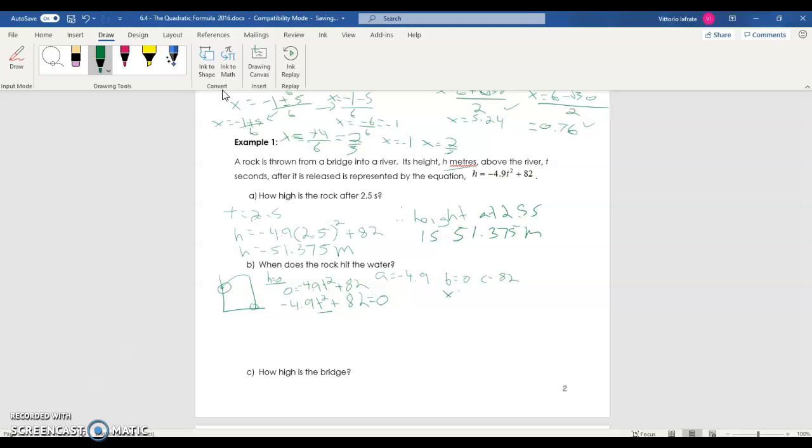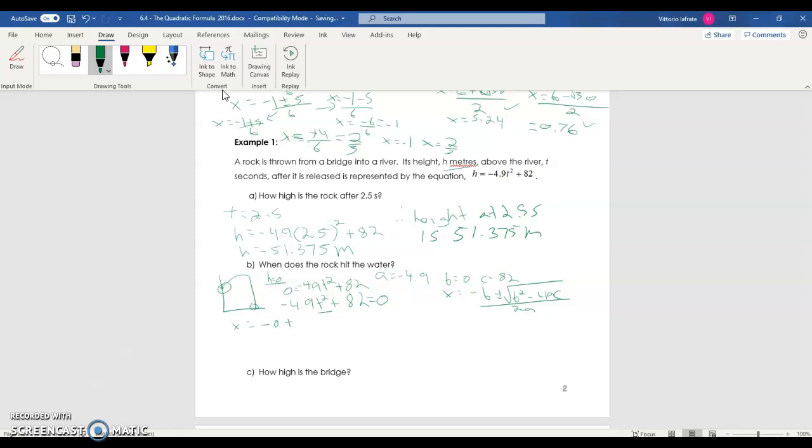So x is equal to minus b plus or minus square root of b squared minus 4ac, over 2a. And we can go and plug in our numbers here. So we're going to have x is equal to, our b is 0, so we don't really have to include that, but I will for completion.